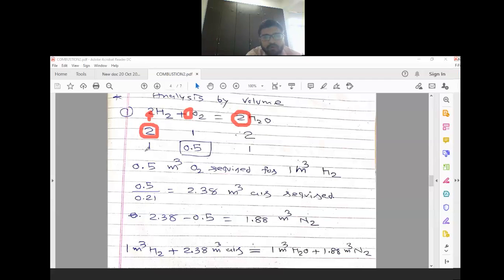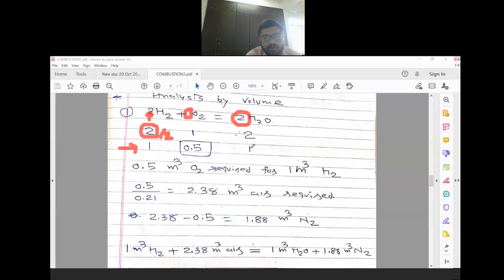So for 2 meter cube hydrogen you require 1 meter cube oxygen, and output will be 2 meter cube H2O. Clear? If we divide it by 2, finally for 1 meter cube H2 you require 0.5 meter cube O2, and output will be 1 meter cube H2O.